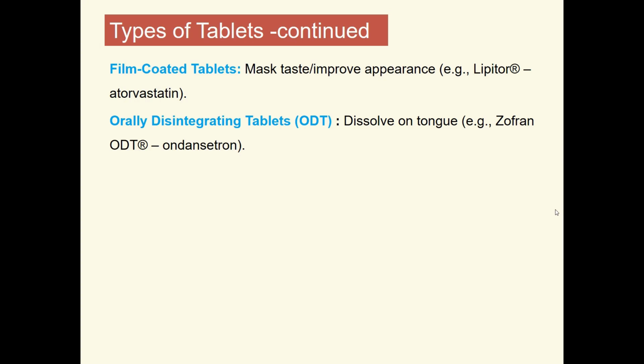Orally disintegrating tablets, or ODTs, as the name tells you, dissolve or disintegrate on the tongue and help to minimize nausea and vomiting. They can be taken without water, like brand Zofran, ondansetron, which is used as an antiemetic.